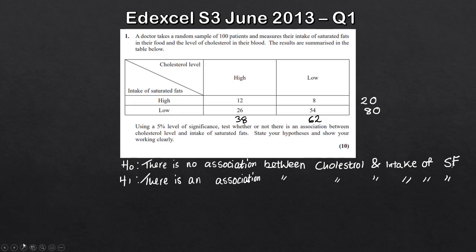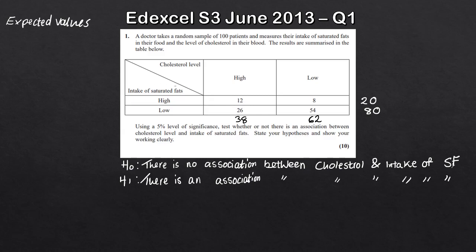Now we're going to work out the expected values. So how do we work out the expected values? Well, to work out the expected values, all we do is, like we've just done, the row and column totals. And what we do now, so let's just say we wanted the expected value here for high. So that would correspond to this 12 here. So what would that expected value be?